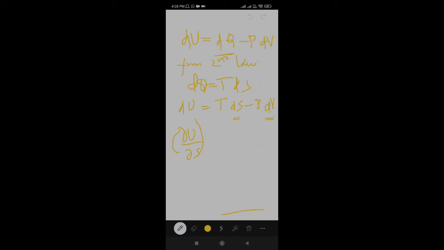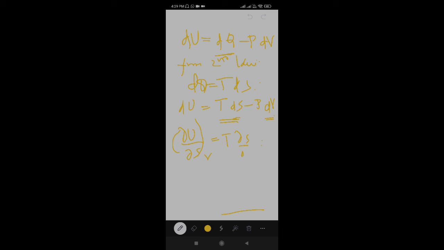So you may integrate this entire equation with respect to either ds or dv. Whenever you differentiate this du with respect to ds at constant volume, I am assuming that v is a constant. Then what happens? You see the first term, T ds is there.